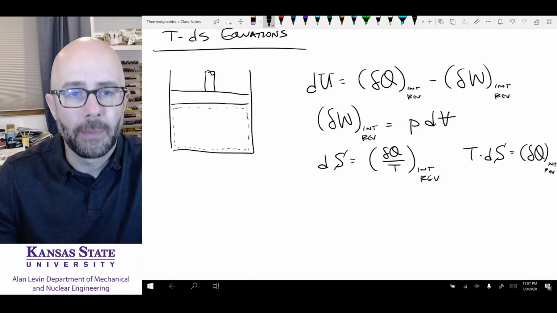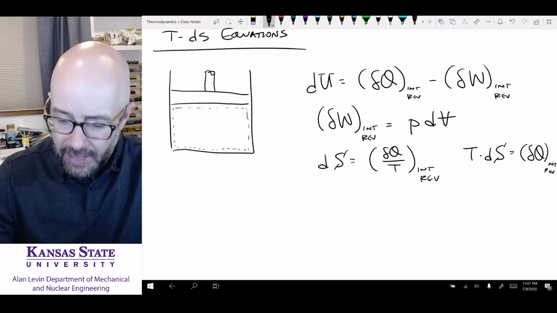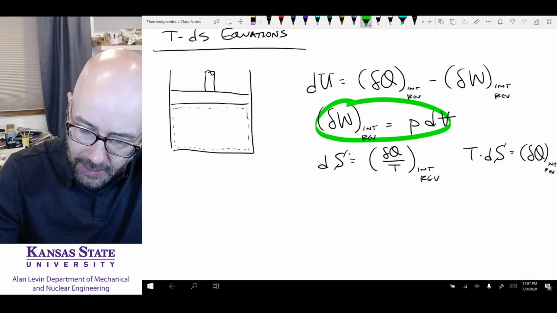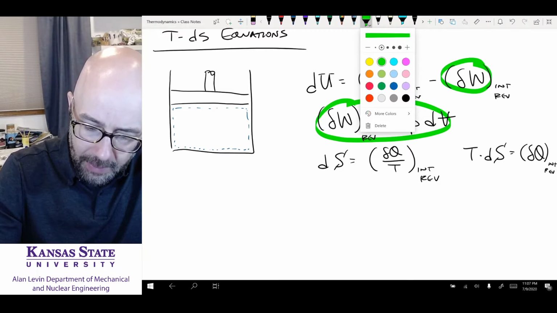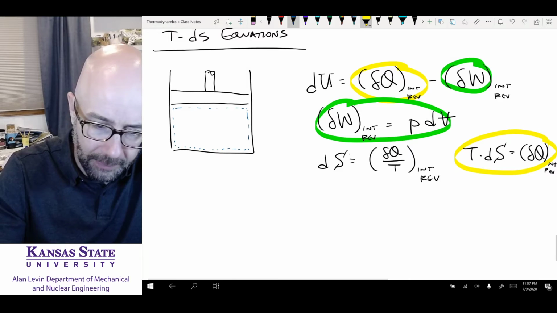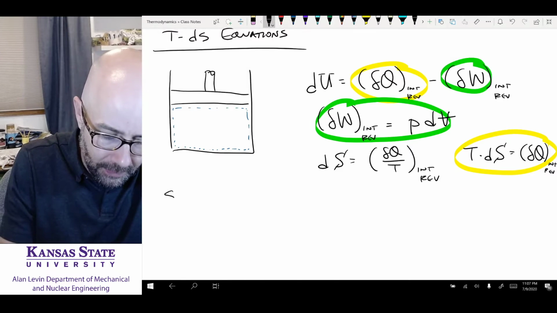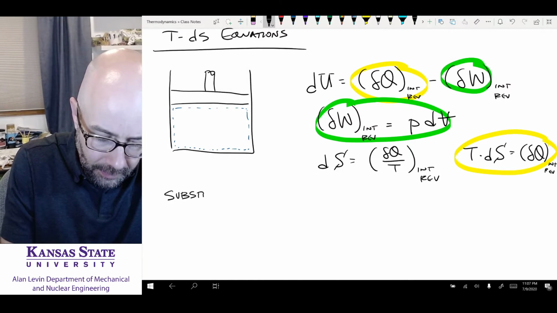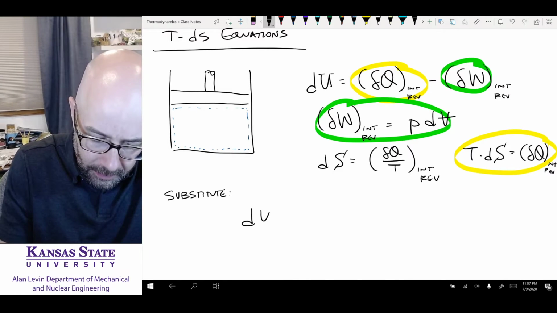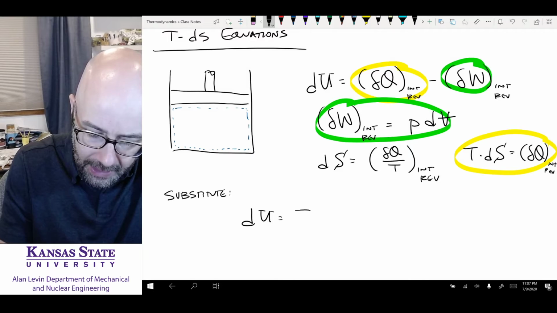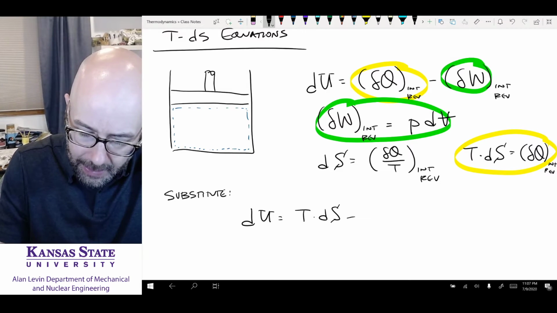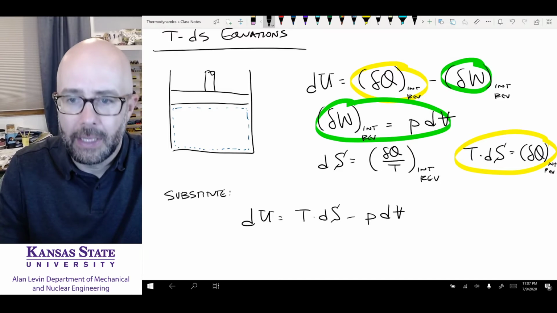So here's what I'm going to do. I am going to take this equation and put it into here, and I'm going to take this equation and substitute it into here and see what I get. So I'm going to substitute, and I'm going to get that dU is going to be equal to T times dS minus P times dV.